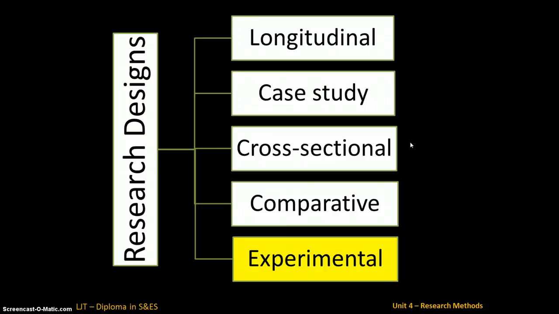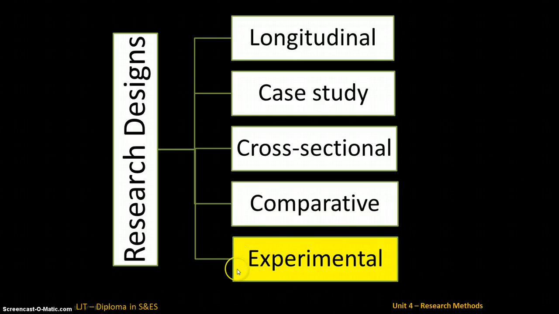So you might take males, females, younger, older, those that are playing for social, recreational reasons, and those that are more at the elite end. But you would be basically taking a cross-sectional sample. Comparative studies, pretty much as they say, you compare 2 or more things. You might compare, let's say, the provision of PE in the UK to the provision of PE in France or Australia. That would be comparison.